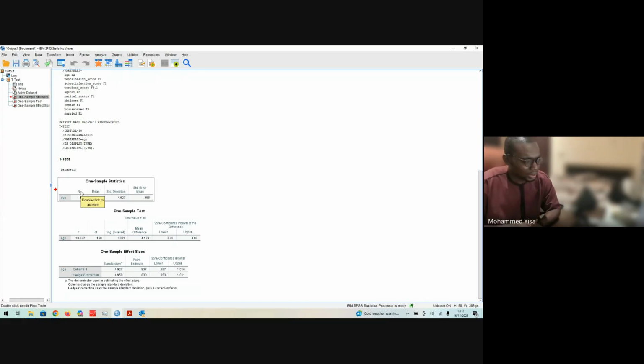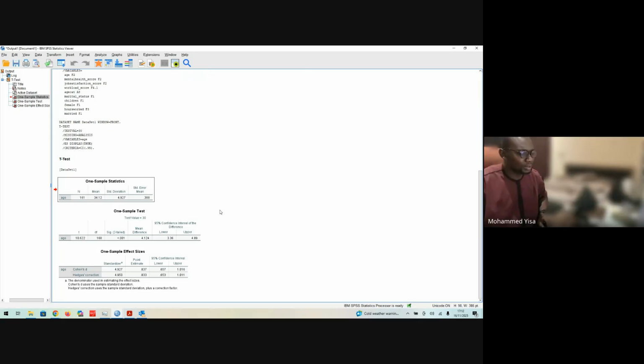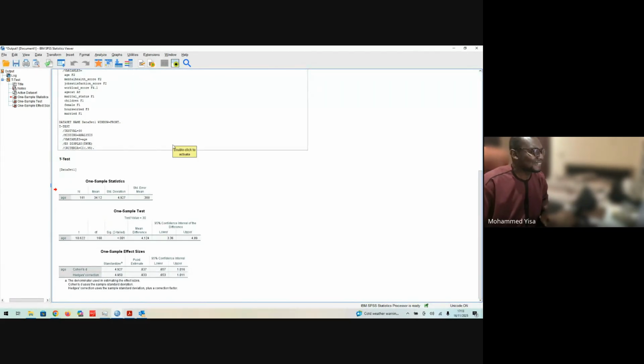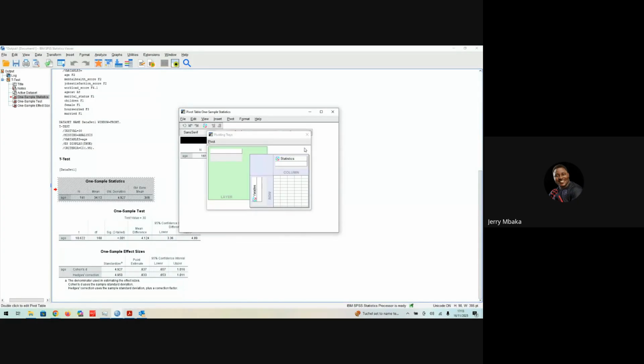Someone is unmuted. Are you asking a question? Yes, please. Can you please zoom a little bit so that we can see it clearly? Okay, let me see if it is possible to zoom this. Is it the output table that you want me to zoom, right? This window, you want me to zoom it in? Yeah, the entire screen. Okay, is this better?